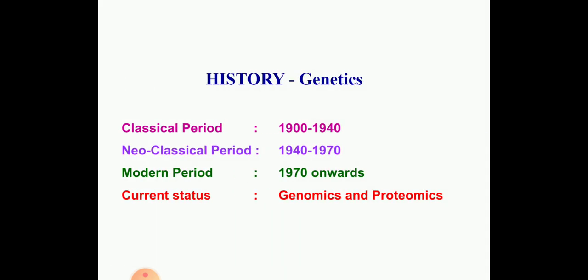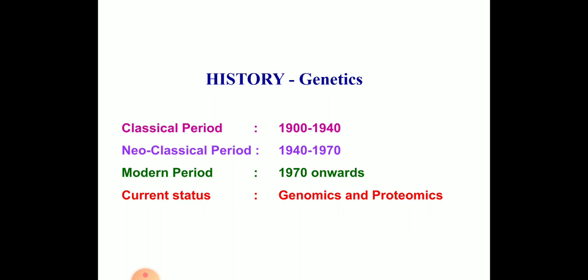Next we'll see the history of genetics. The classical period of genetics was around 1900s to 1940, and later the work of Mendel slowly started to develop, and it was studied by different scientists.